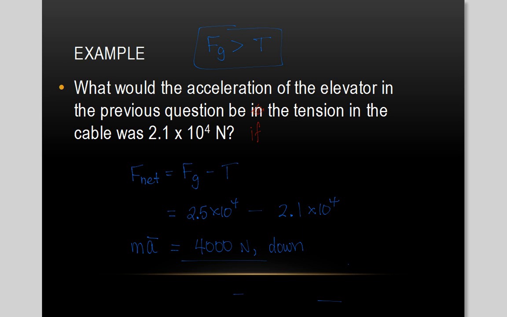What's the mass again? 2550. Newtons per kilo is another way of saying acceleration. 4,000 divided by 2550, I got 1.57. 1.6, thank you, Maria. Times 10 to the 2. Correct. Good.